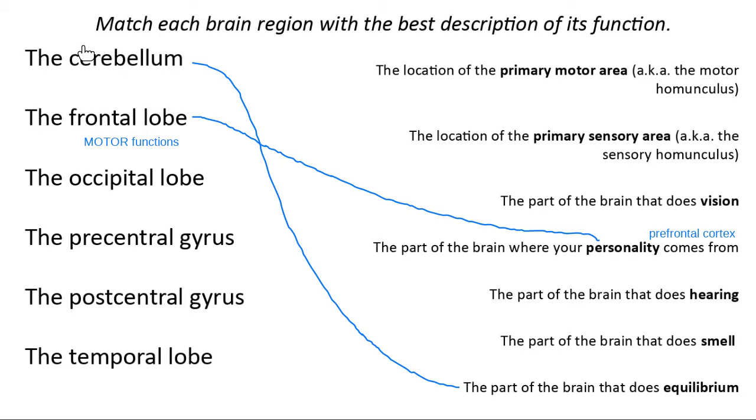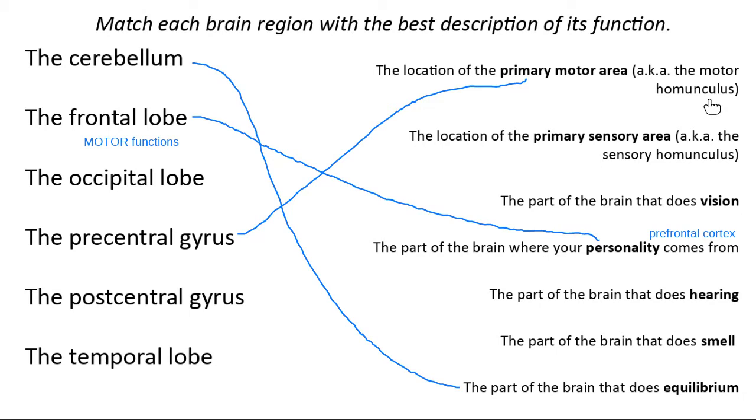Yeah, the precentral gyrus, because it's part of my motor lobe, is the place in particular where I find what's called the primary motor area, or what we're going to call it during our class time in lecture, the motor homunculus. So I know we got some questions about the homunculus. Don't worry, we'll spend plenty of time working on that.